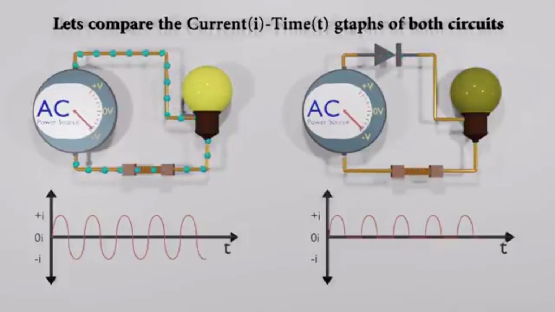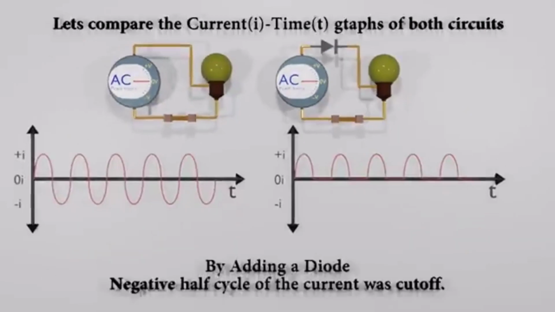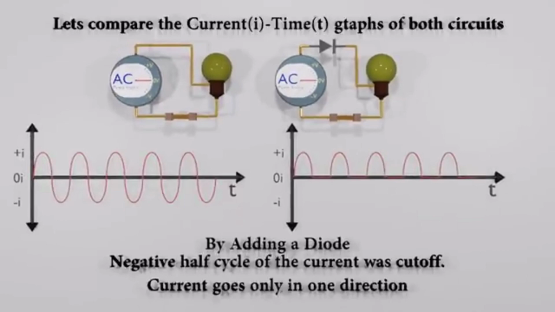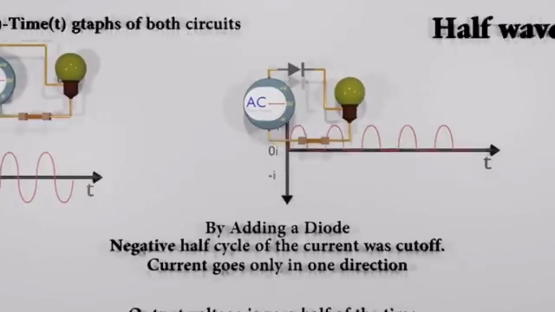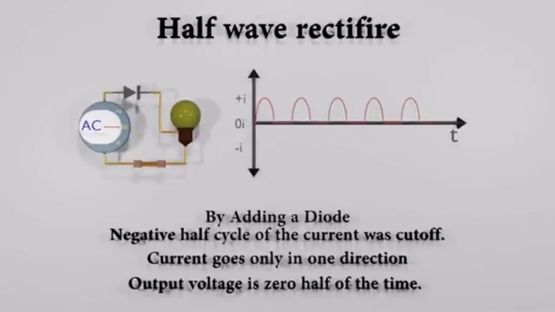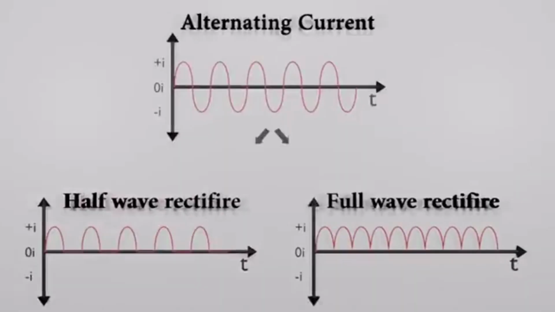Half-wave rectifiers are simple enough to build but aren't very efficient. That's because the entire negative cycle of the AC input is blocked by a half-wave rectifier. As a result, the output voltage is 0 half of the time. So a full-wave rectifier is needed.